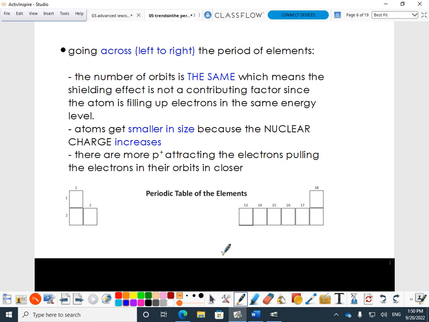So from your assignment, you should have had the atomic radius graph. So element 1 is 32 picometers. Element 2 is 31. Okay, that's less. That's not very dramatic. Let's go to period 2.